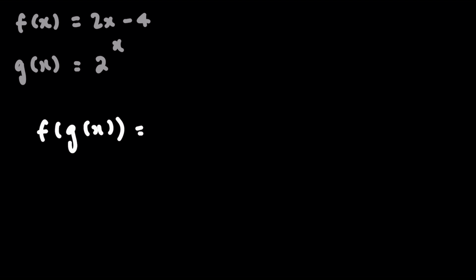So again, in order to work out what f of g of x is, we simply substitute the function g of x into f of x. So what that will look like is, instead of working out what f of x is, we're going to work out what f of 2 to the power of x is. So we just simply replace the x in f with g of x.